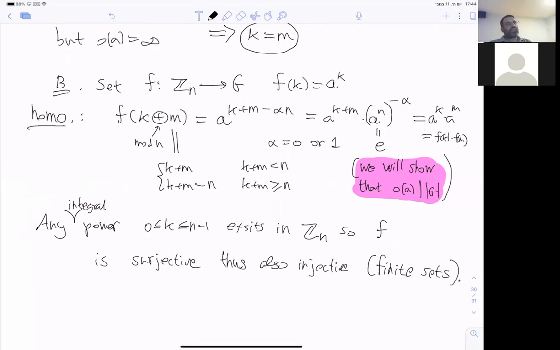So up to isomorphism, we have only one cyclic group of a given order. I repeat, up to isomorphism, we have only one cyclic group of a given order.